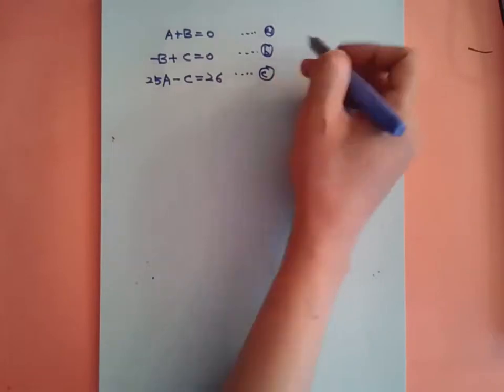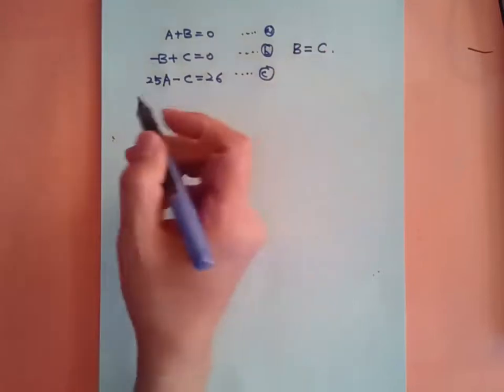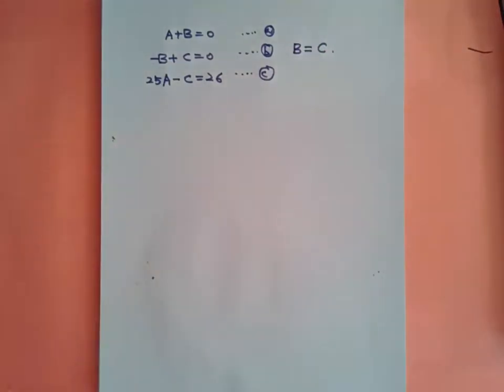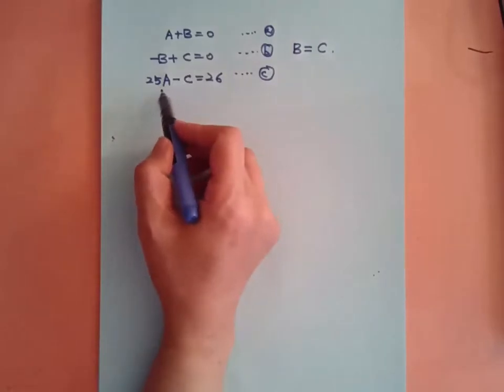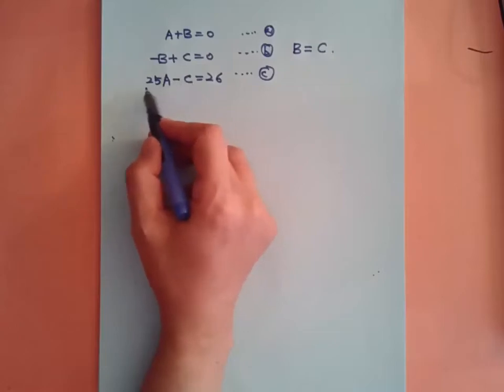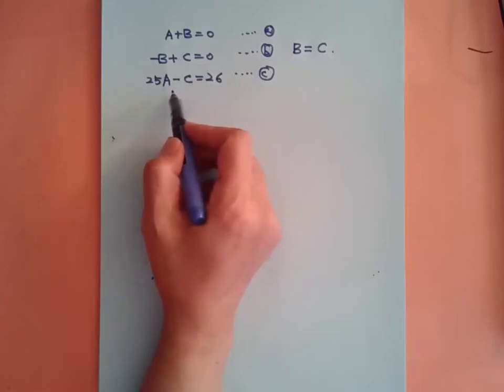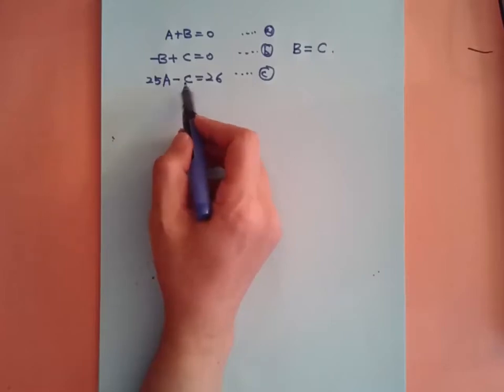So from the second one, we can say that b equals c. The reason we do b first is, if we change c to b in the third equation, we can have only the variables a and b.